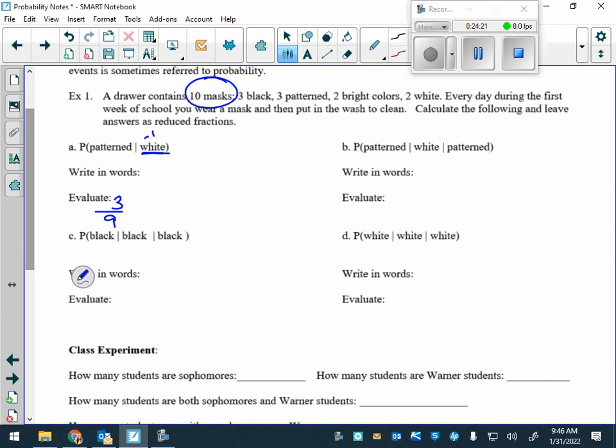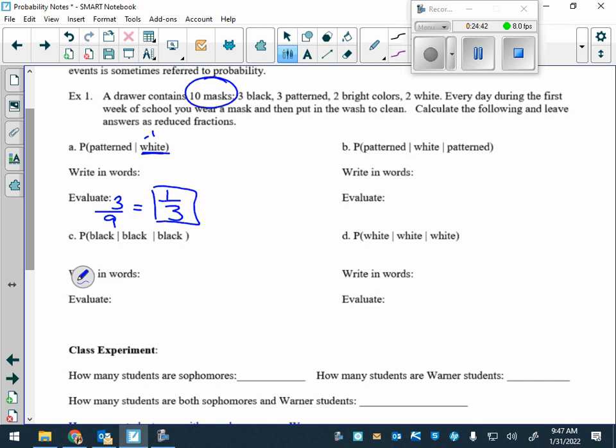The reason, with dependent events, is the first event, which in this notation actually comes second, has to happen first before this one occurs. So 3/9 reduces to 1/3.